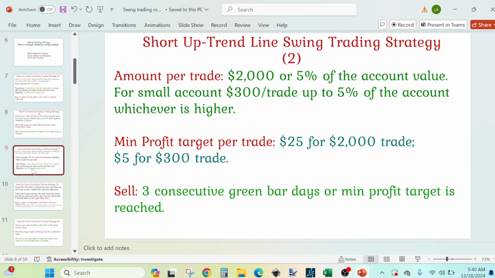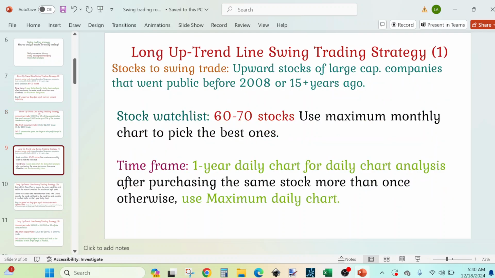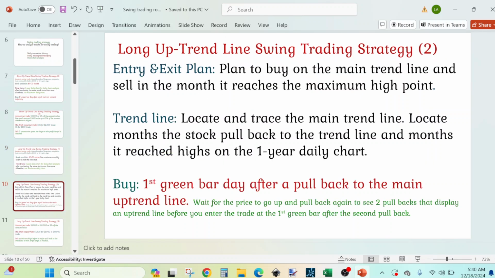Going forward though, we like to try a longer trend line to avoid getting in, and then the short trend line will end on us, and we have to wait for that to come back. Because we do not sell at a loss whenever possible, we like to try the long uptrend line swing trading strategy by following the same principle, but targeting a longer trend line.